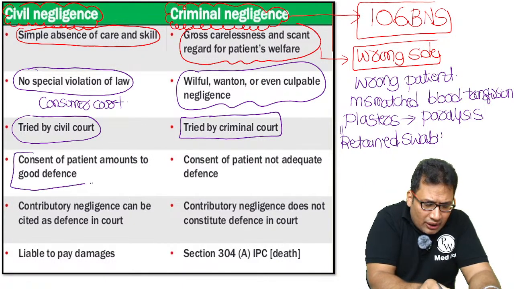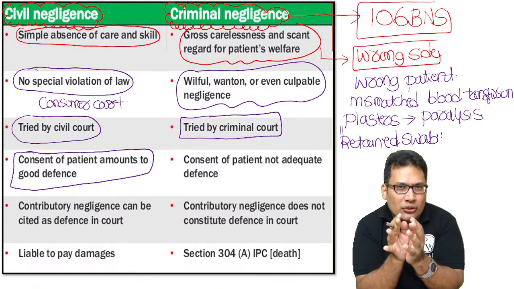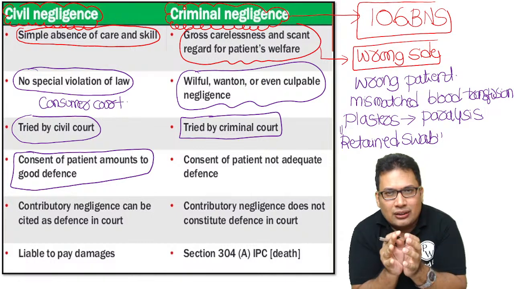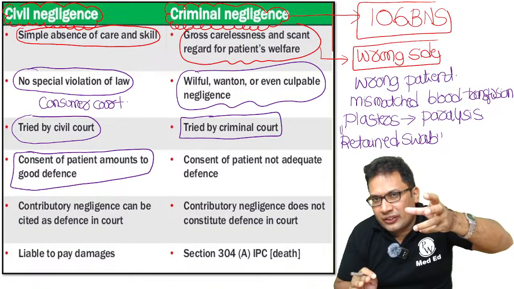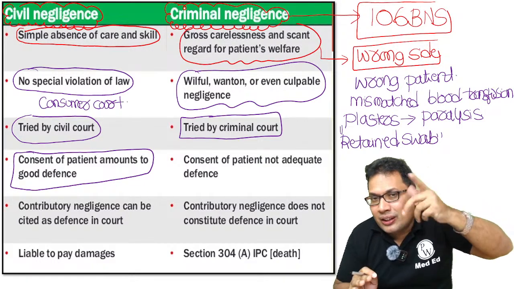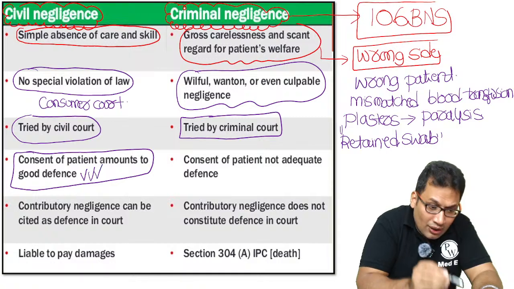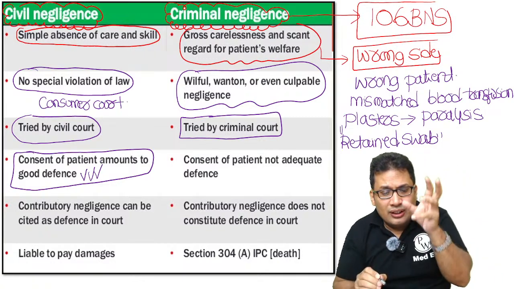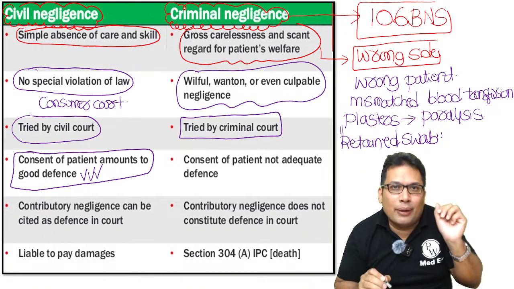Consent of the patient amounts to a good defense. So consent is very, very important. Consent taken from the patient is a good defense, and it is going to protect the doctor in civil negligence. But remember, the consent of the patient is not an adequate defense in a criminal case.